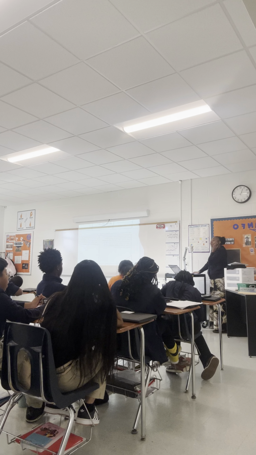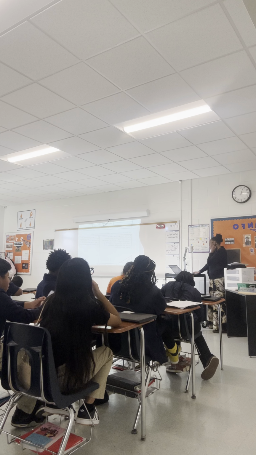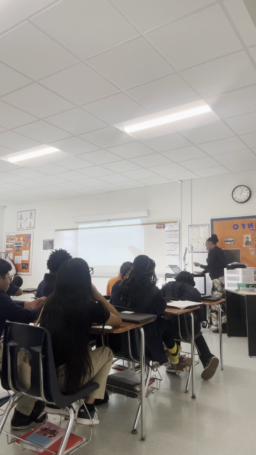Now, what if I have one that didn't give you this leg right here? How would you figure it out? Subtraction. So if they give you the hypotenuse and a leg, how would you find the missing third leg?